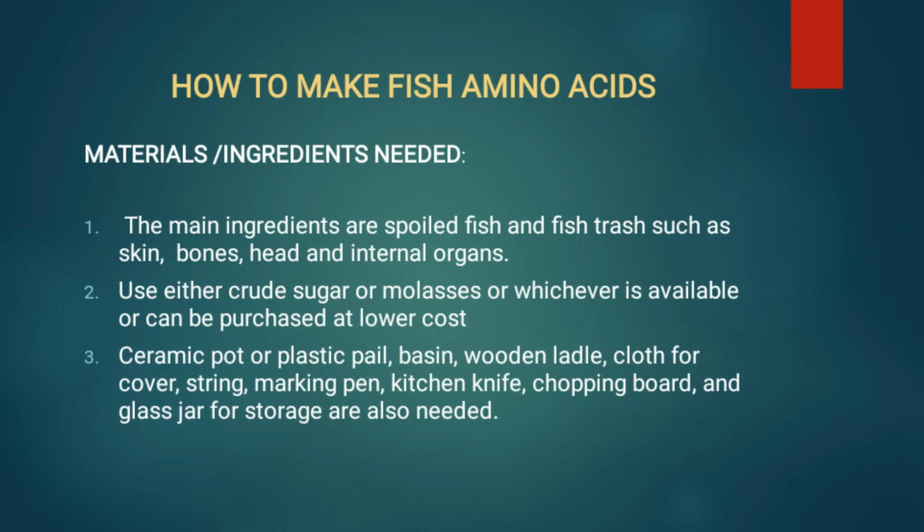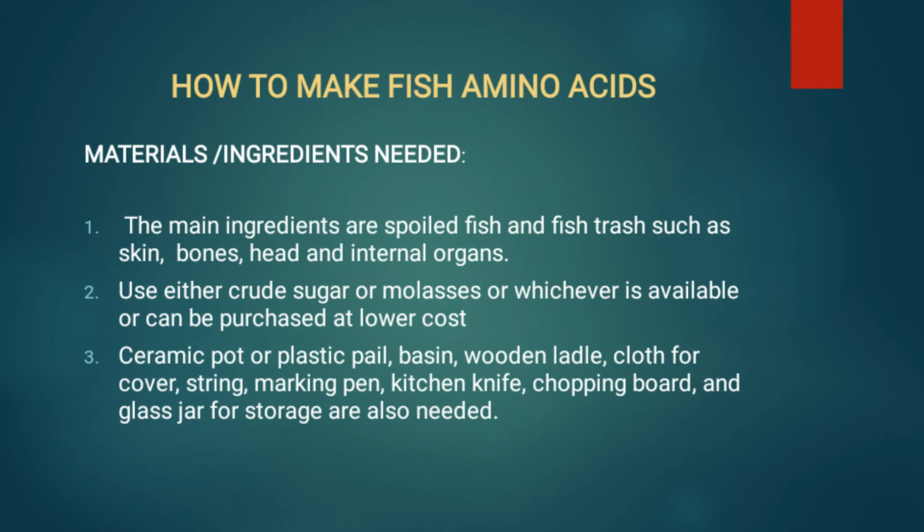How to make fish amino acid? These are the ingredients or materials needed. The main ingredients are the spoiled fish and fish trash such as skin, bones, head, and internal organs of the fish. Use either crude sugar or molasses, whichever is available or can be purchased at a lower cost.